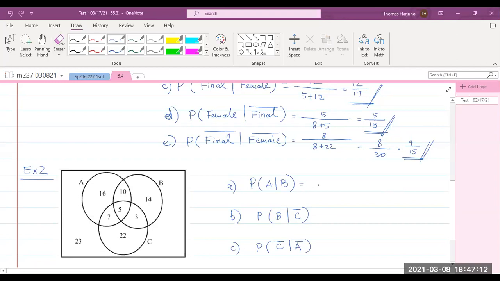Probability of getting an element from A given it is in B. The denominator will be the number of elements in B, 10 plus 14 plus 5 plus 3, which is 32. Now of these 32 elements, how many of them are in A?